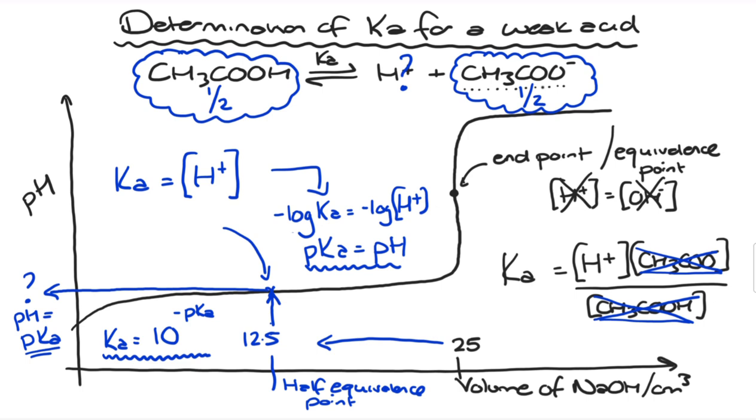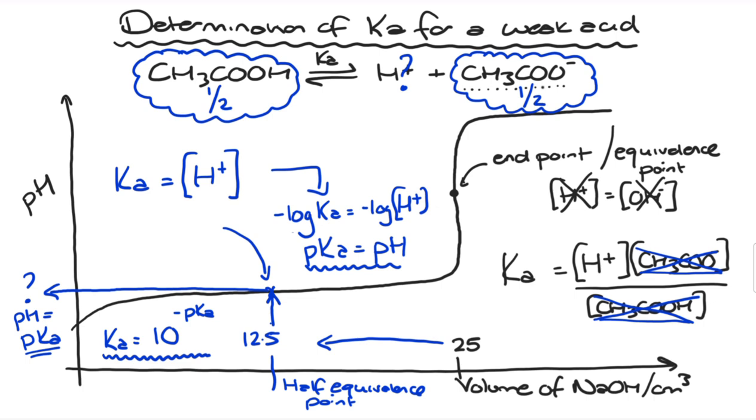And we can do this via experiment for each weak acid, which we can then subsequently use in the calculations as we did in the previous clip. This is an experiment which generates the Ka value, and as we said, Ka can only be determined via this titration method.